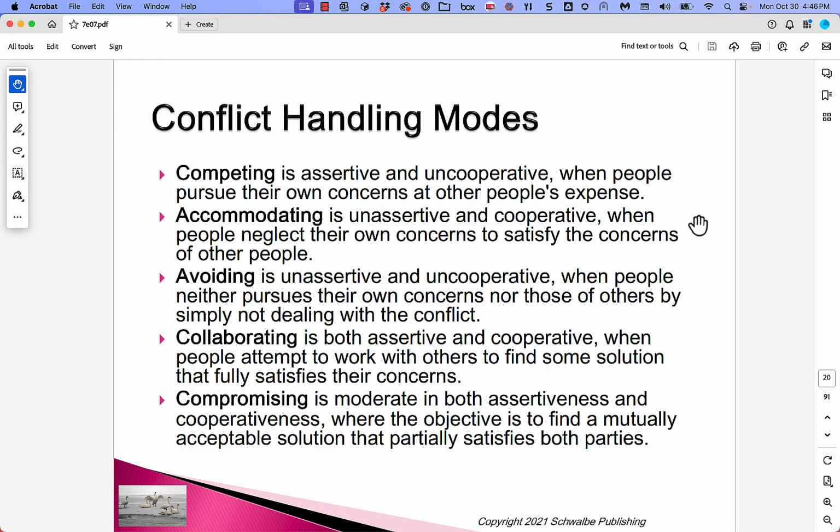Avoiding is unassertive and uncooperative when people neither pursue their own concerns nor those of others by simply not dealing with conflict. Collaborating is both assertive and cooperative when people attempt to work with others to find some solution that fully satisfies their concerns. Compromising is moderate in both assertiveness and cooperativeness, where the objective is to find a mutually acceptable solution that partially satisfies both parties.